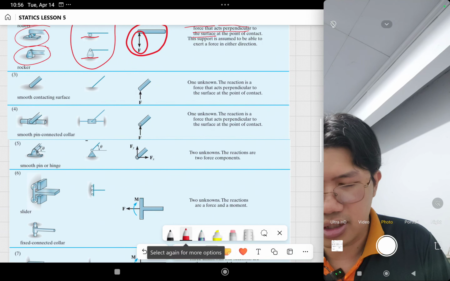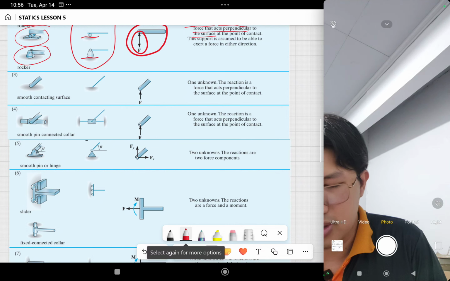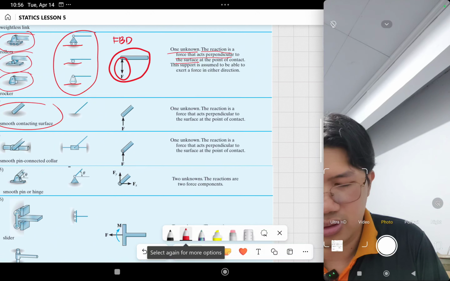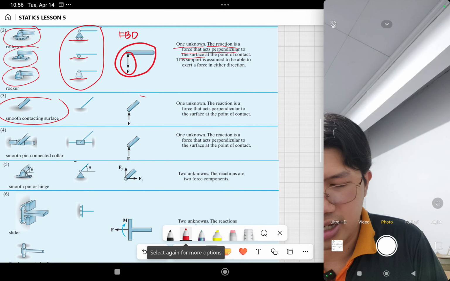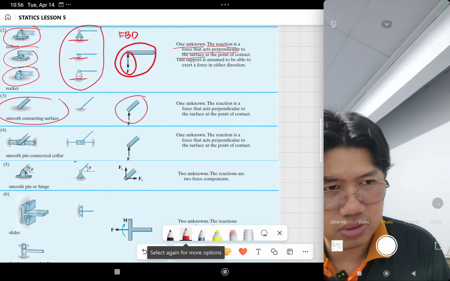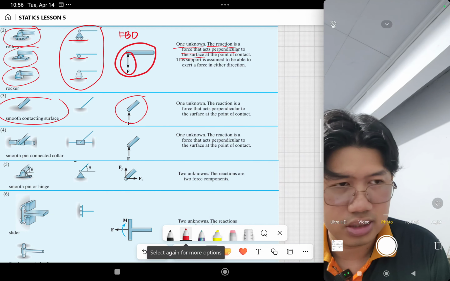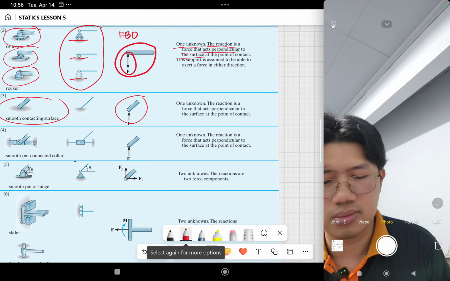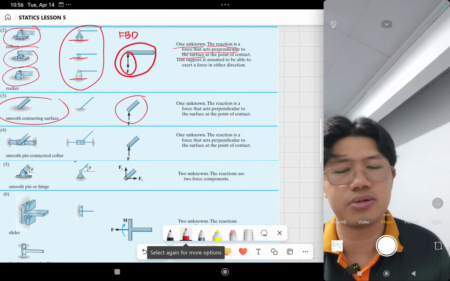Next is smooth and contact surface are almost the same as a roller. Okay, na yung free body diagram niya is represented by also kung ano yung direction ng ating surface, no? Perpendicular lagi siya sa ating surface.